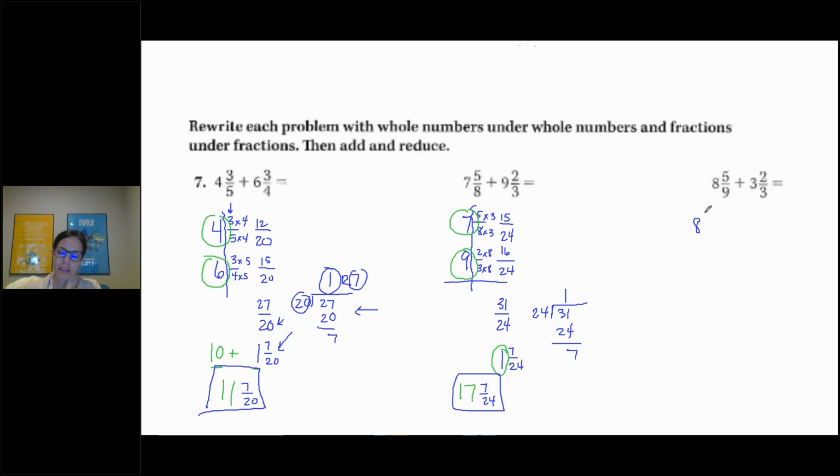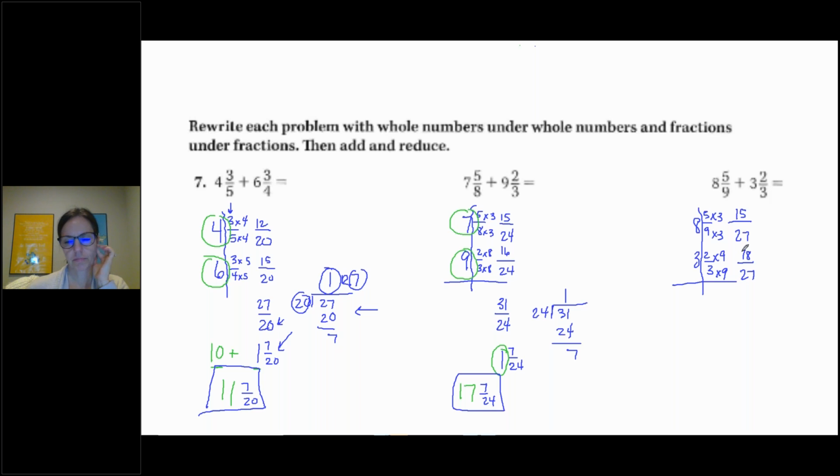Okay, so let's rewrite the last one. 8 and 5 over 9, 3 and 2/3. Same concept. And your new denominator is what? 27. 15 over 27 and 18 over 27. And then add down.